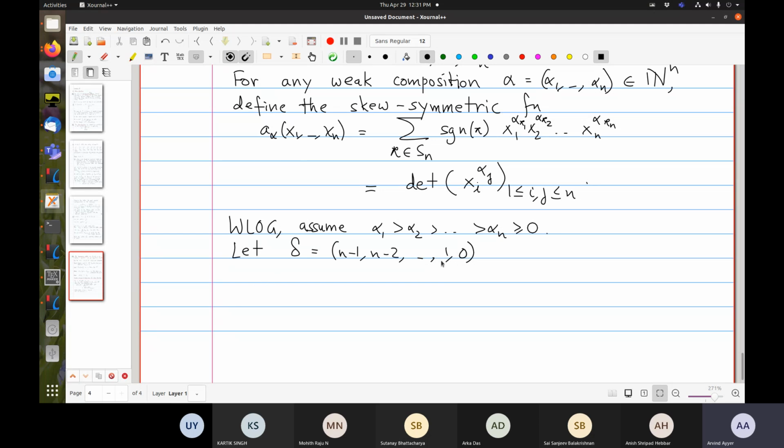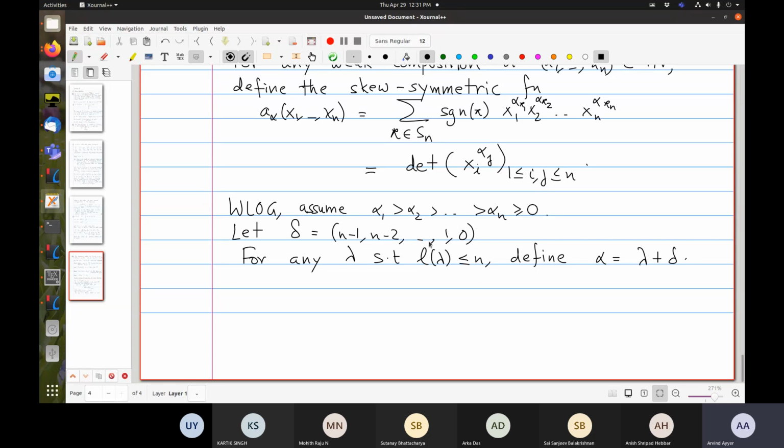And for any lambda partition such that the length of lambda is less than or equal to n, define alpha to be lambda plus delta. Okay.